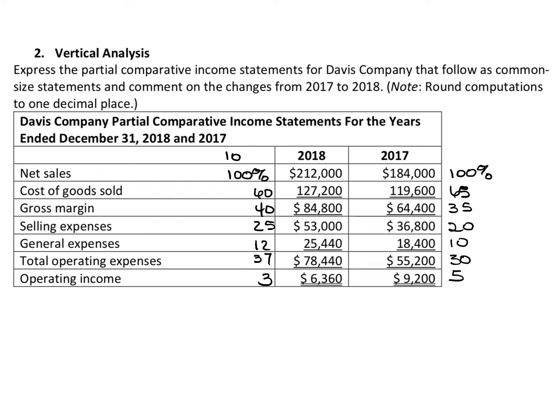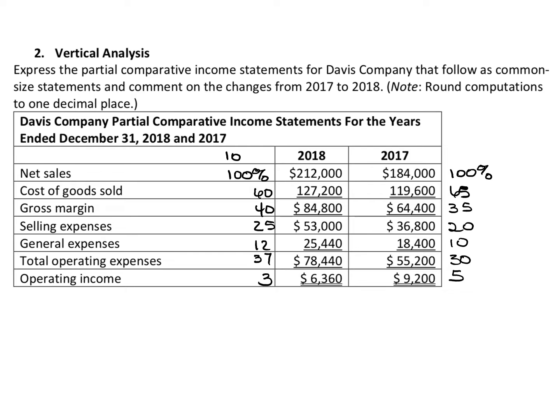We can see that over the years, in 2017 our cost of goods sold was 65% of total sales, whereas in 2018 it's only 60%. So the size of cost of goods sold in proportion to total sales has decreased. Well, what has increased? Selling expenses increased, and thus total operating expenses increased.